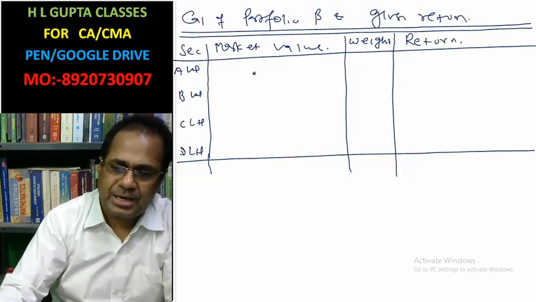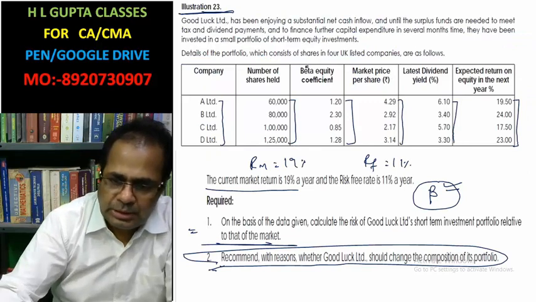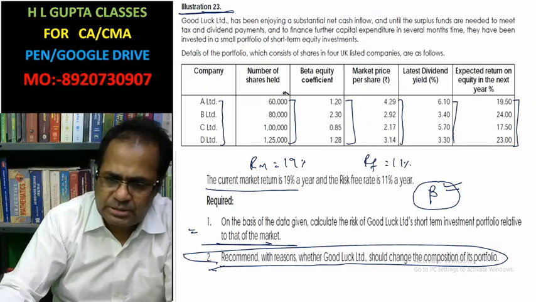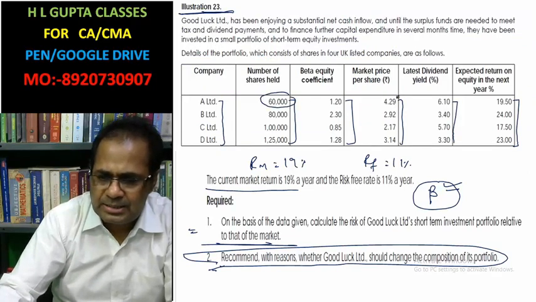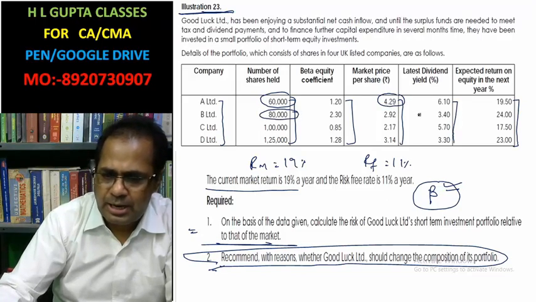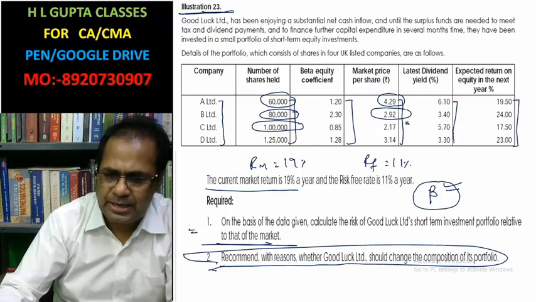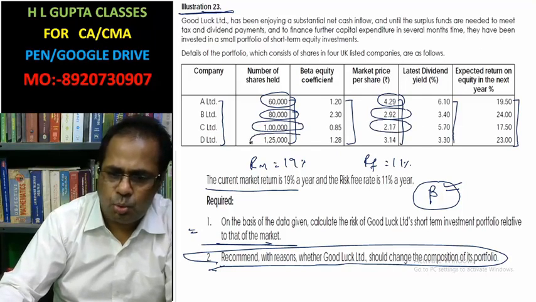So what is the market value? Look at it. 60,000 shares at this market price, 80,000 shares at this market price, 1 lakh shares at this market price, 1,25,000 shares at this market price.